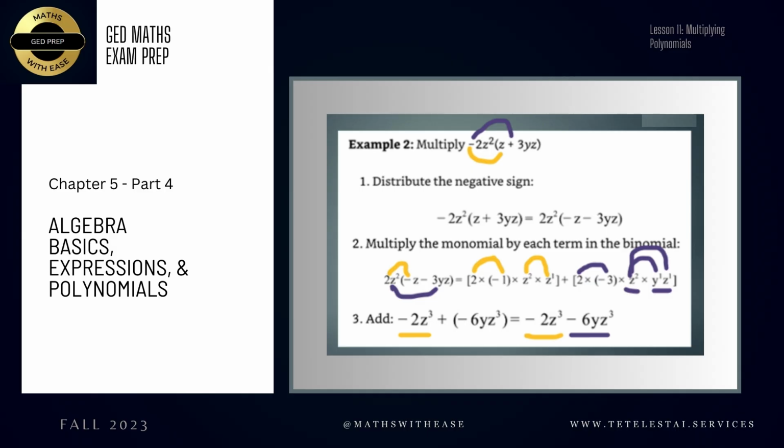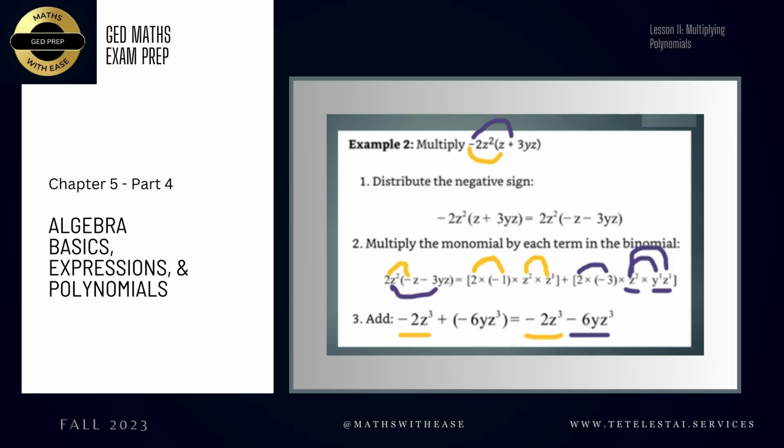Then onto the final term in our expression, 2z squared multiplied by -3yz. So again, you just start from outside in. 2 times -3 is -6, okay? z squared times z will give you z cubed, as we just saw. And then y is the only variable like it, and so you just write down y.